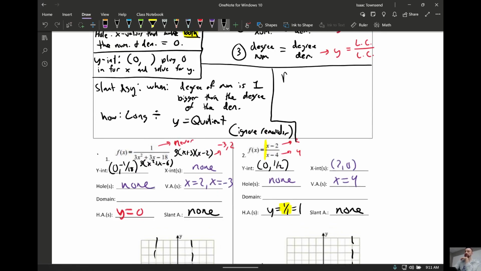So domain, just like all other times you've done this year, domain is a way to describe the x values of the function or its graph. It's a way to list out what x values make sense to plug in.